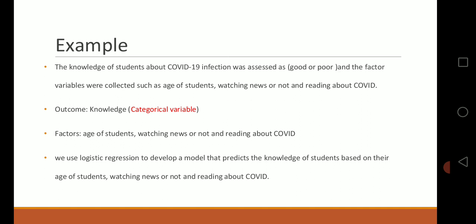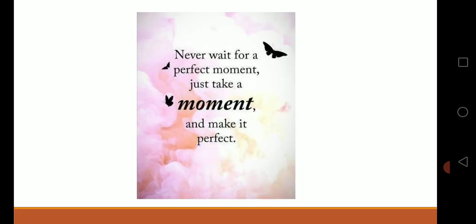So, which type of variable is the knowledge of students? Is it categorical or is it continuous? Well, the knowledge is collected as good or poor. This means this is a categorical variable collected on an ordinal scale. So we knew that it's prediction or assessment of causation.